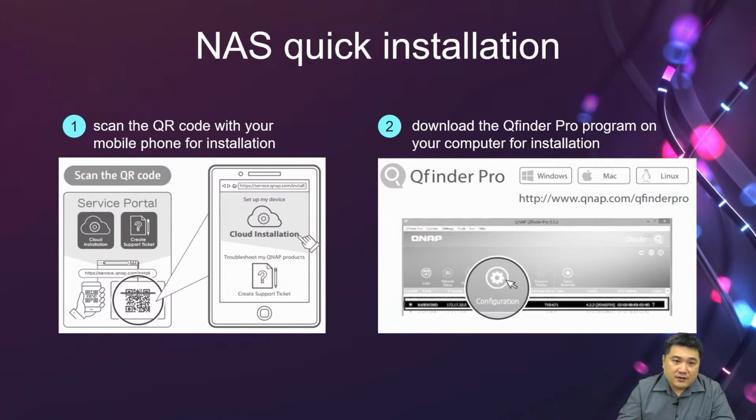The second choice is downloading the QFinder Pro program on your computer. Just follow the quick installation guide to finish the steps. After installation, you can enjoy the data storage and backup multimedia service.